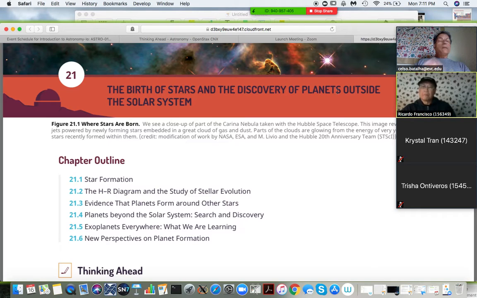And by the same token, if you have stars of the same temperature, but the size is not the same, so one is a supergiant and the other one is a main sequence, then if you compare those two stars with the same surface temperature, the supergiant will be the most luminous one, the one producing more energy.